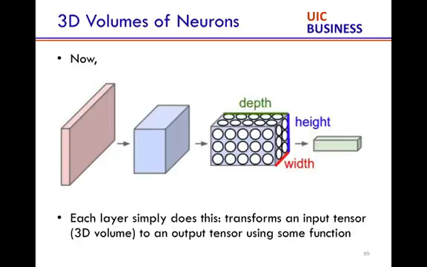So some transformations are happening in layers such that the layers' outputs are also tensors, as in 3D volumes, such that at the end of the whole operation, I'll still get a canonical 3D volume, which is just 1 cross 1 cross 10, where 10 is the classes.